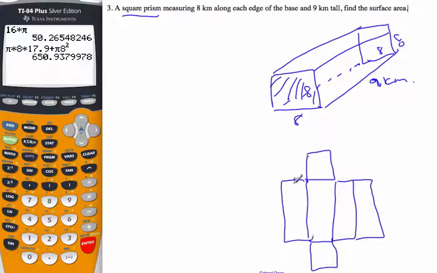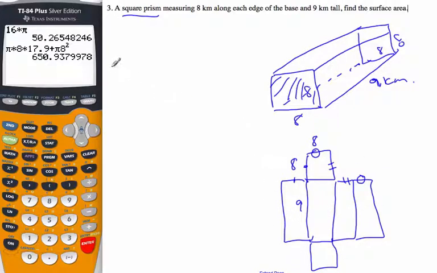Each side of my square has a rectangle associated with it. I know the measurements are 8 by 8, and this distance is 9. Now I just have to add up all these rectangles.